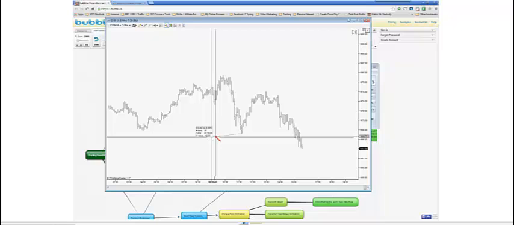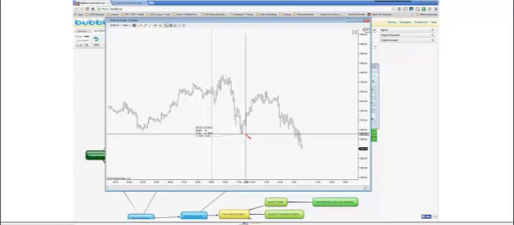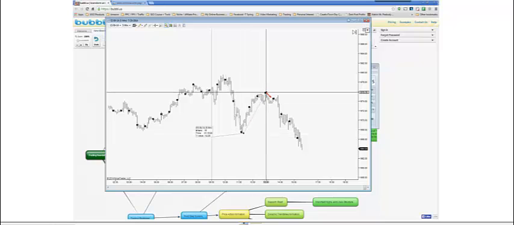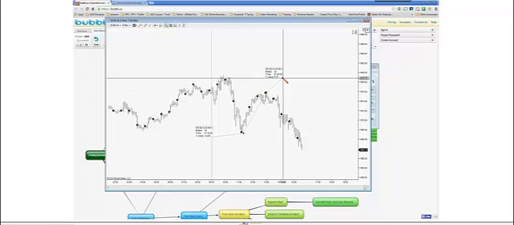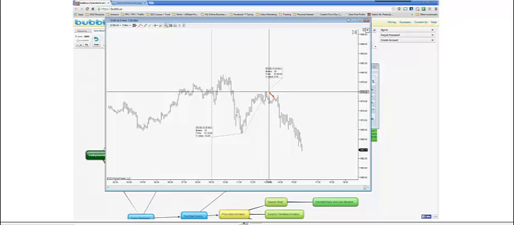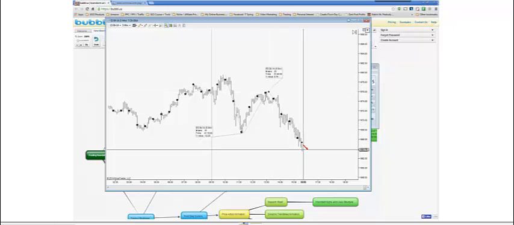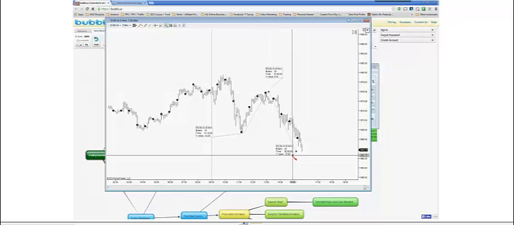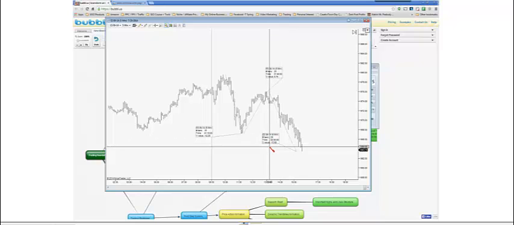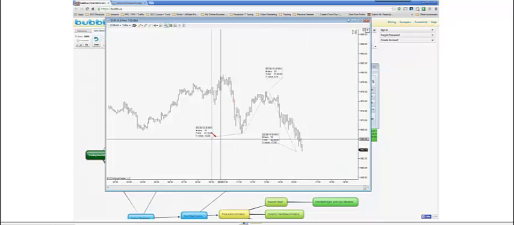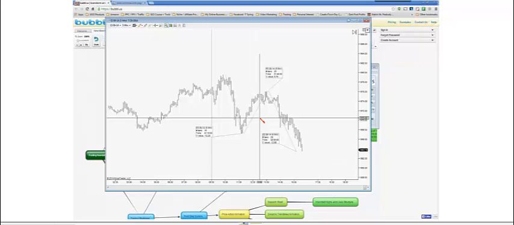I measure from top to bottom, and it tells me that it dropped about 12.25. Then it brought up about 8.75 points, and then all the way until now, it has dropped another 12.5. Okay, price symmetry. I will talk about that in a moment.